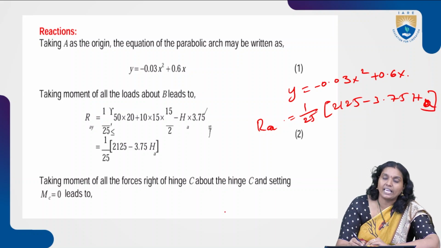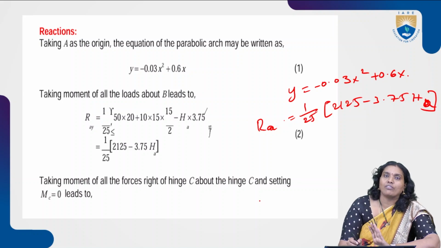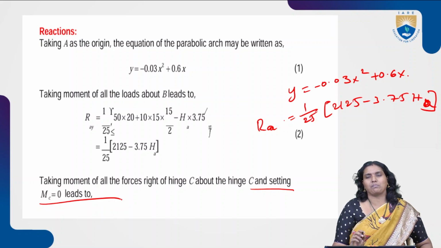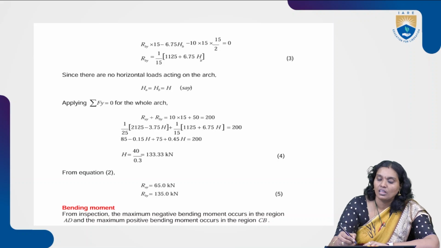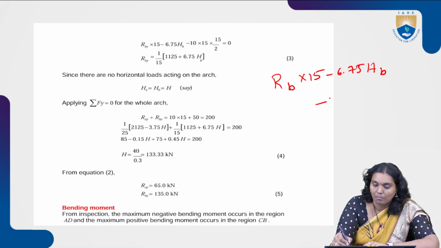Now taking moments of all the forces right of the hinge C about the hinge C, and setting the moment with respect to C equal to 0, it leads to: reaction at B multiplied by 15 minus 6.75 times the horizontal reaction at B minus 10 into 15 by 2 is equal to 0.